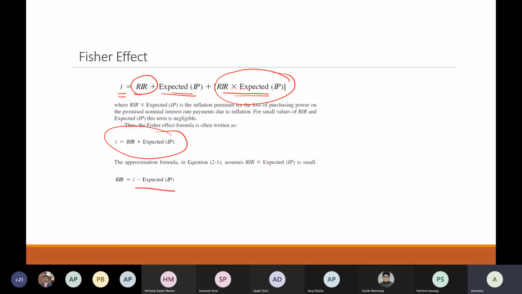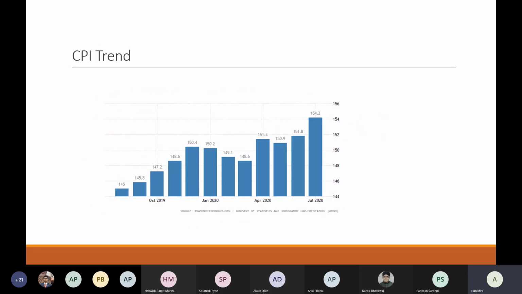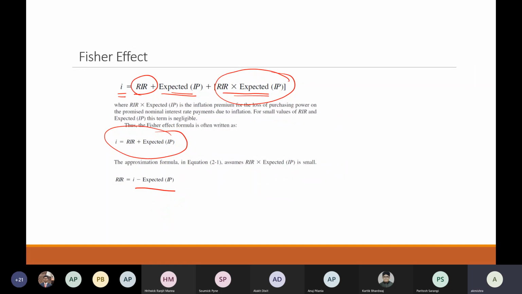That is why, if you remember when we talked about how inflation and interest rates are related, the Fisher effect relationship suggests that your nominal interest rate is nothing but the summation of your real interest rate and expected inflation. Inflation is going to change because your CPI, the value of a basket of certain goods and services, is going to change.